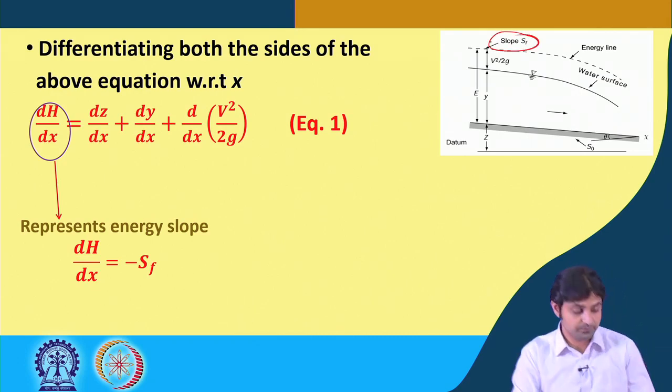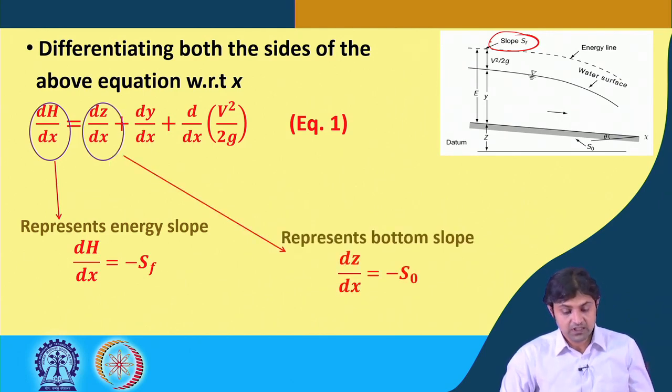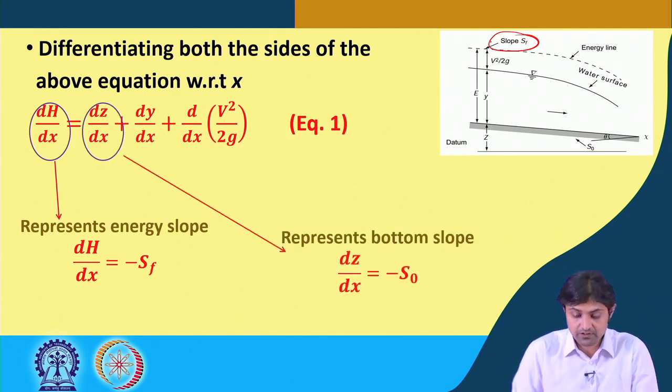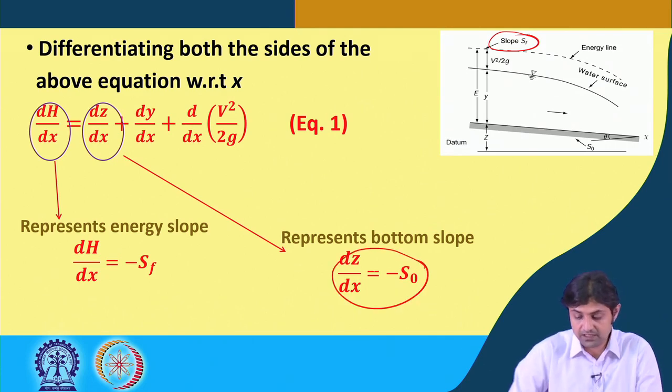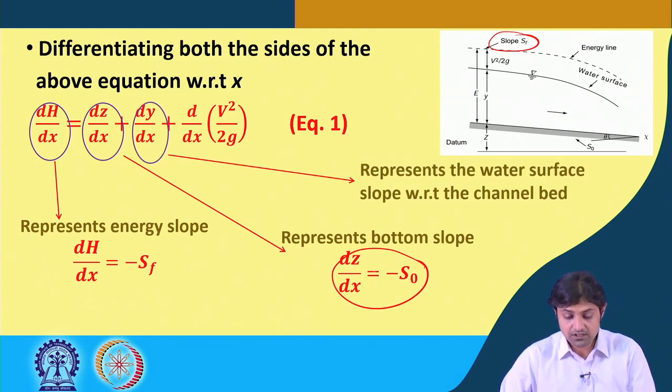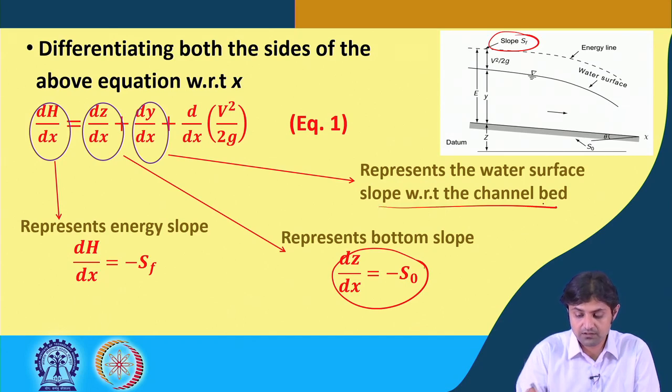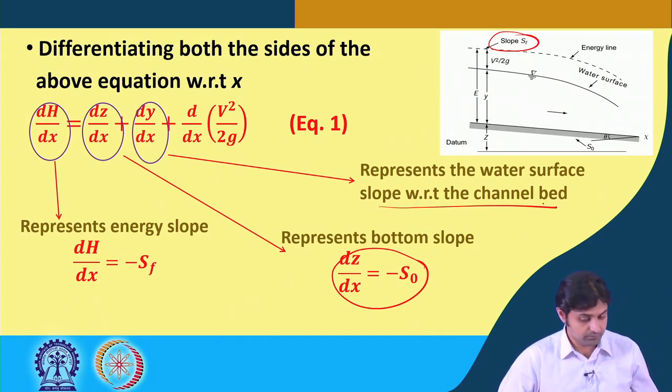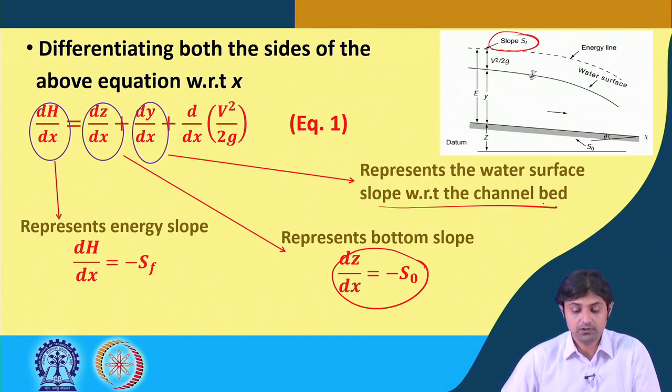The dz by dx represents the bottom slope, minus S naught. The dy by dx represents the water surface slope with respect to the channel bed.